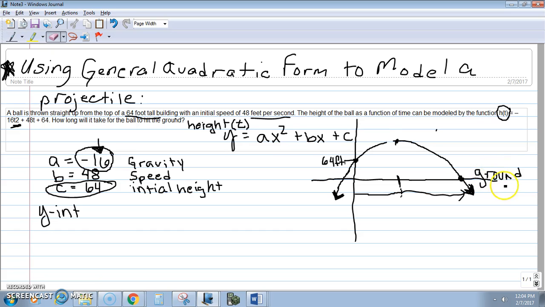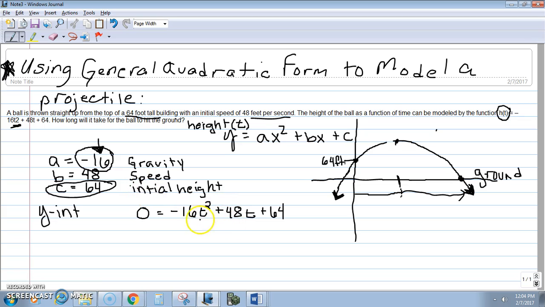So that's really important to know because if the ground is 0 and I know that height is y, I'm going to rewrite the equation it gave us, and instead of being height of time t, or y equals negative 16t squared, blah, blah, blah, I'm going to put 0 equals negative 16t squared plus 48t plus 64.